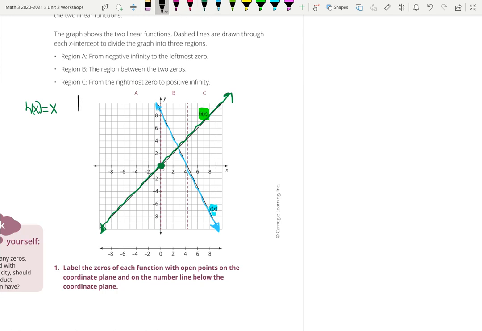For all x-intercepts, negative or positive, it is going to have a y value of 0, meaning I switch the entirety of h of x with 0. 0 equals x. Well, that equation answers itself, meaning that the solution is going to be 0, 0.